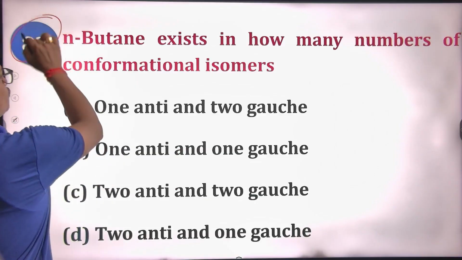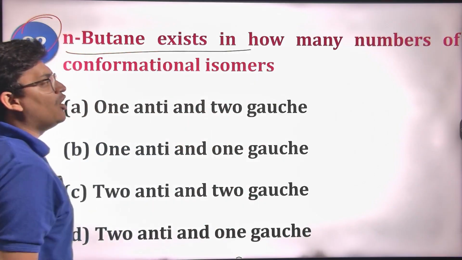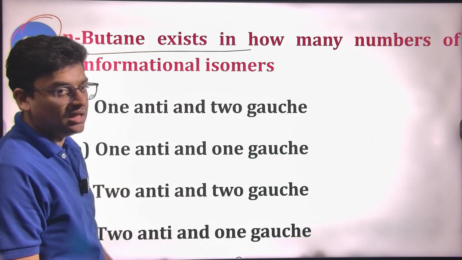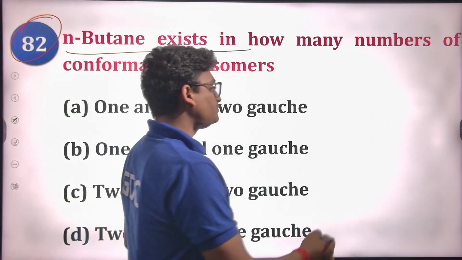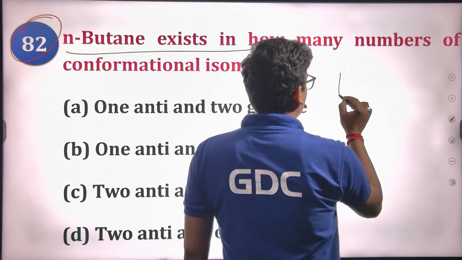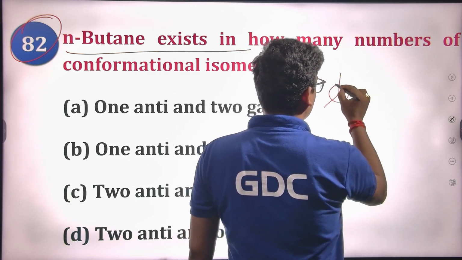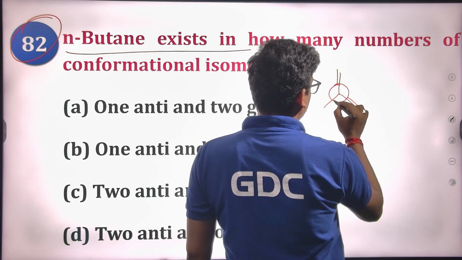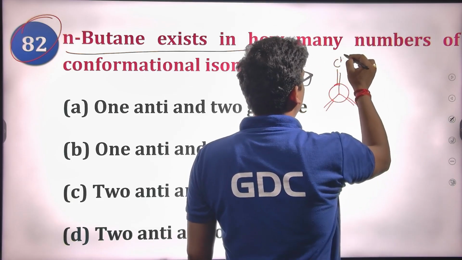Question number 82. N-butane exists in how many conformational isomers? We have n-butane, and this n-butane can exist in two forms.